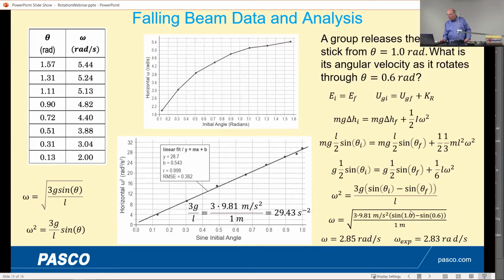It's the sine of one angle minus the sine of the other, not sine of the change in angle. So it's just a little bit more complicated. And when I did this, I got a predicted 2.85, I got 2.83. So that's the kind of accuracy you can expect when you're using Pasco sensors with either SparkView or Pasco Capstone.